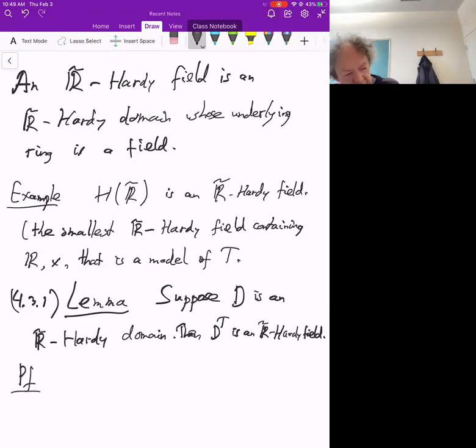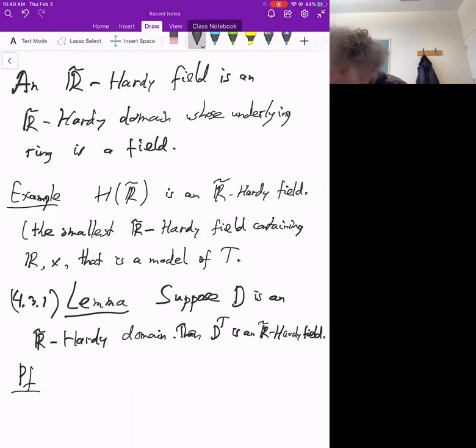And here I'm basically also giving away a hint for doing this earlier exercise: if you have a zero definable n-ary function on the reals, you can plug in any CR germs from an R-tilde-Hardy domain, and what you get is again a CR germ.